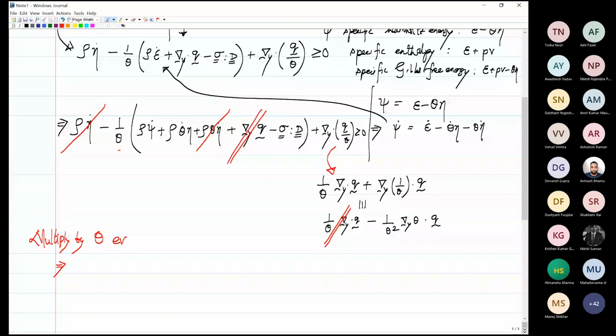So we have minus rho psi dot minus rho theta dot eta plus sigma double contraction d and minus 1 by theta. Please let me know if I'm making some mistake.